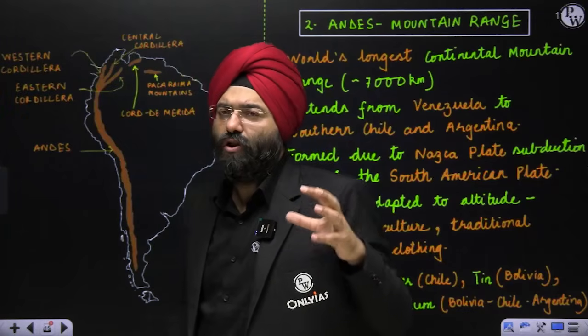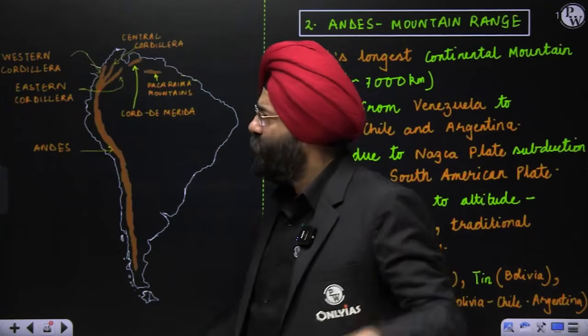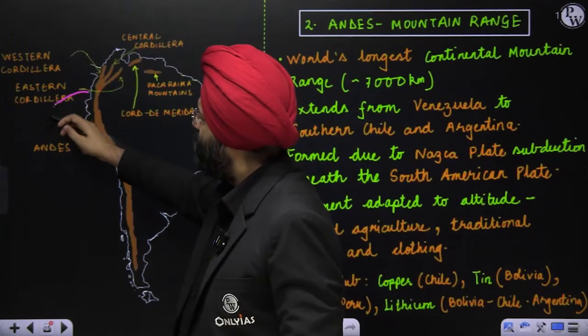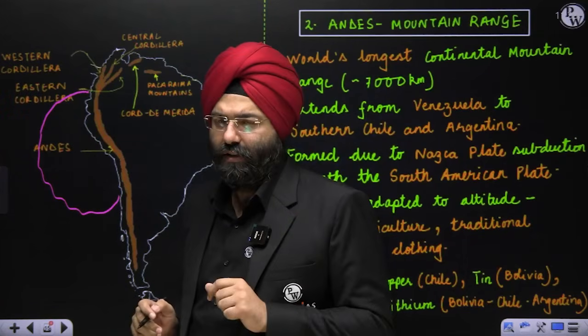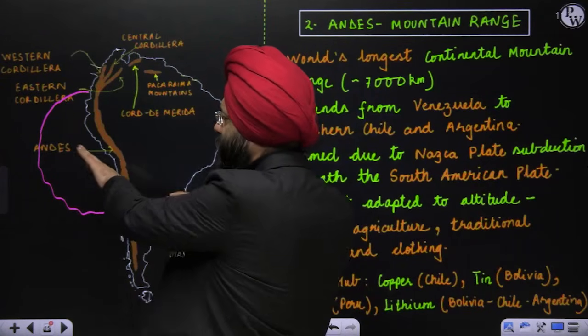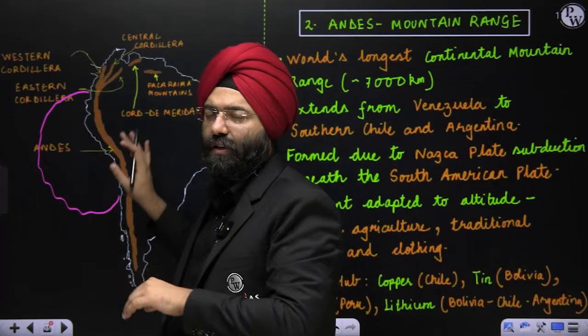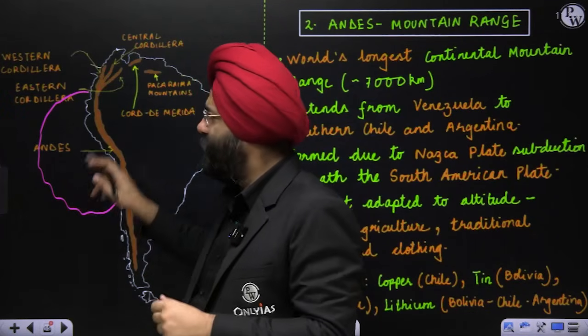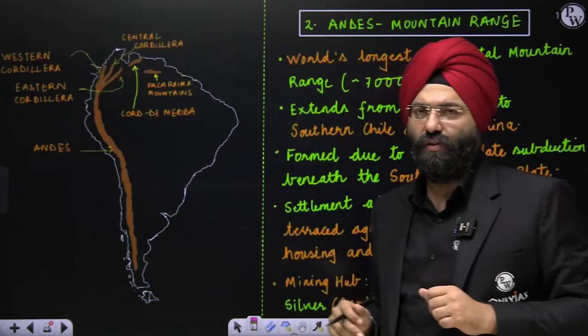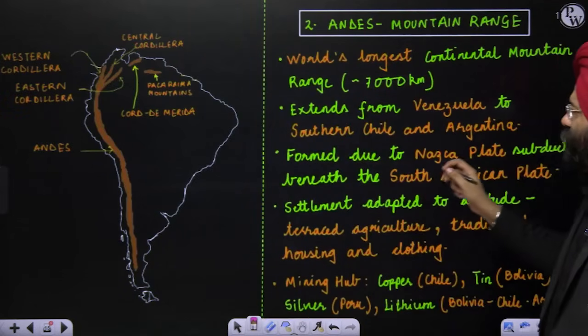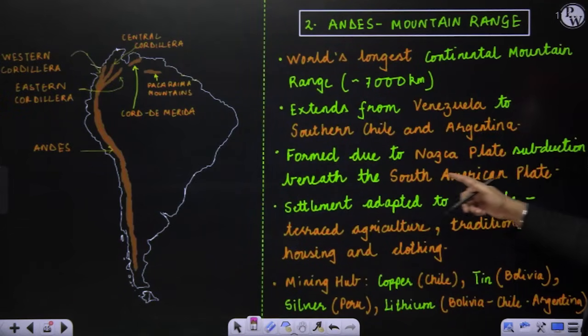In the physical geography lecture which is going to come, you will see that there is a Nazca plate, a minor plate. It is basically subducting under this South American plate, and that has led to the rise of this Andes mountain range, right? Formed due to the Nazca plate subducting beneath the South American plate.